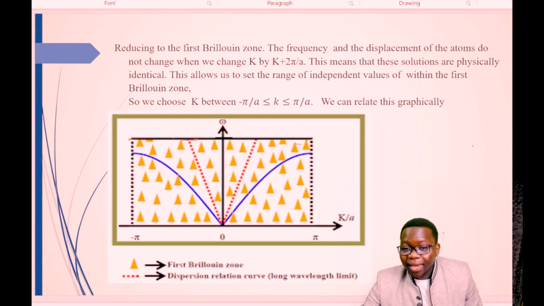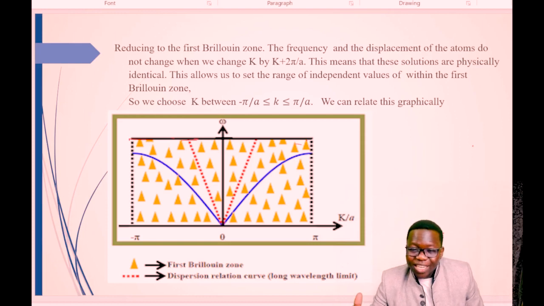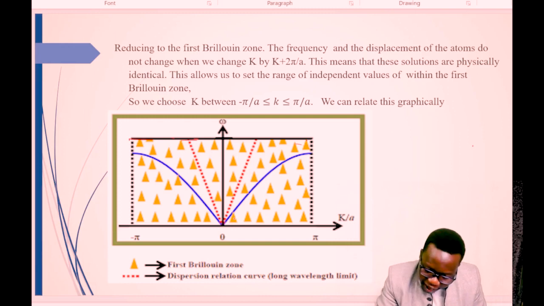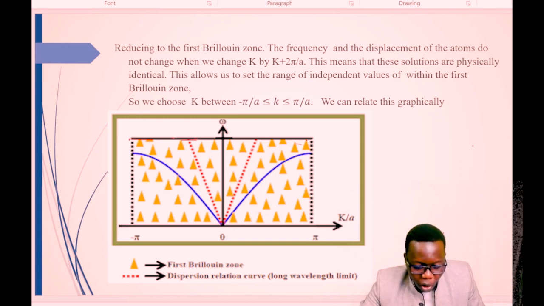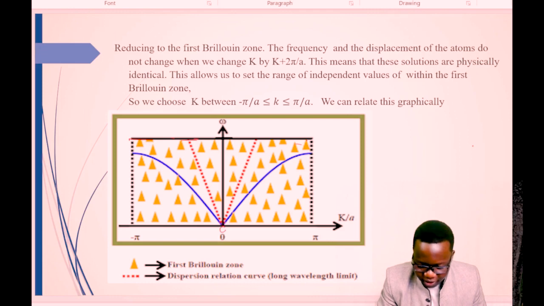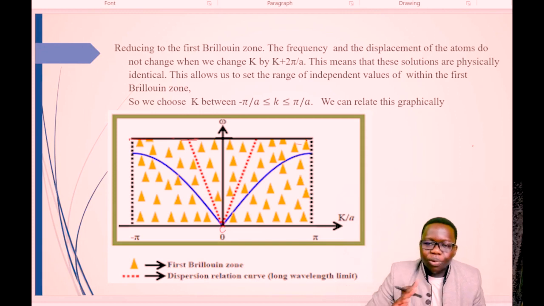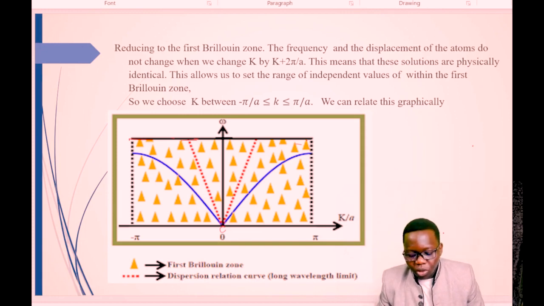Actually, it's the coordinates along the k-space that don't go against the Bragg's line. If I take coordinates from the origin, they must not defy, or must not go past or cross, the Brillouin zone or the Bragg's line. So that's our main focus.